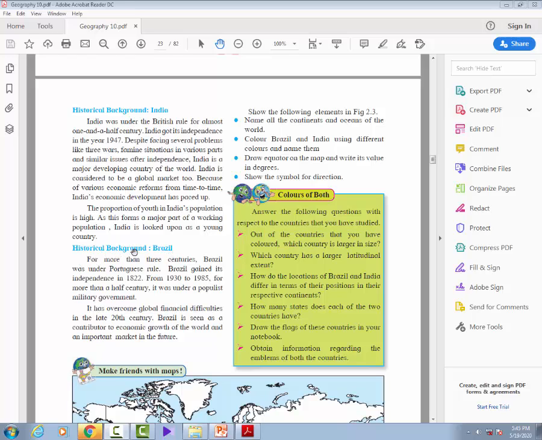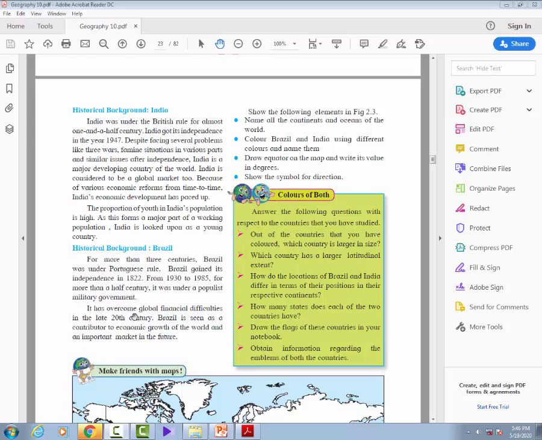Now the historical background of Brazil. For more than 3 centuries, Brazil was under Portuguese rule. Brazil gained its independence in 1822. From 1930 to 1985, for more than half a century, it was under a populist military government.